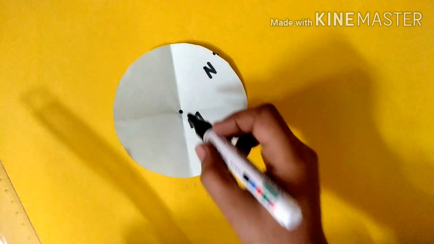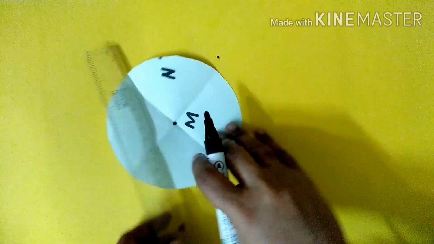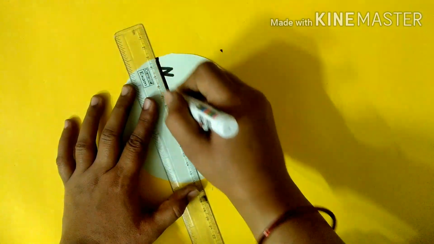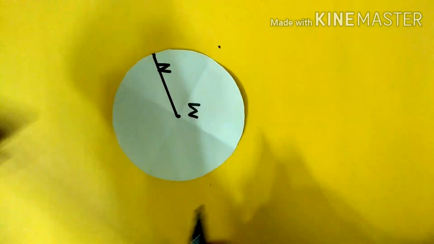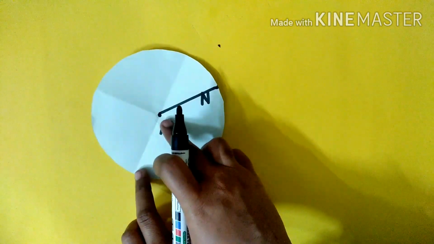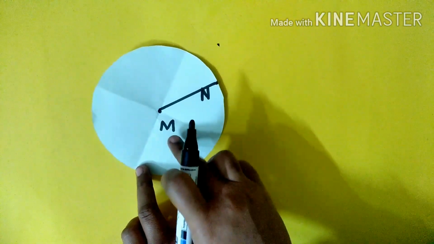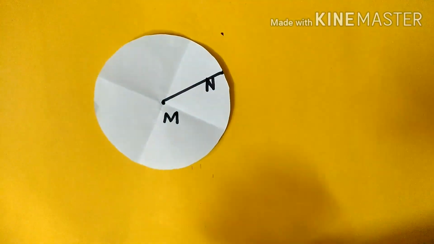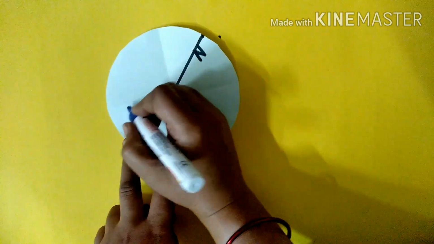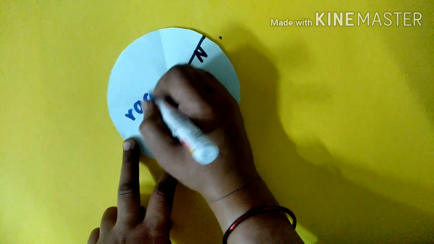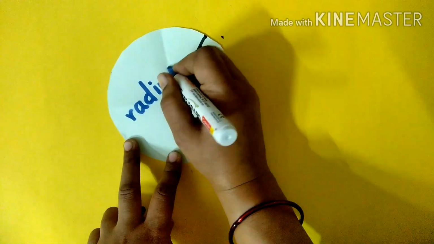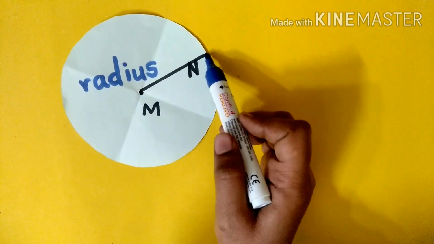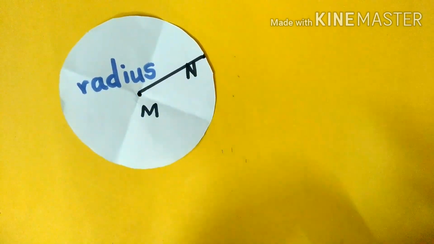So now I will join these both points. This line we can say MN. It is called the radius of the circle. In this circle, line MN is the radius of the circle.